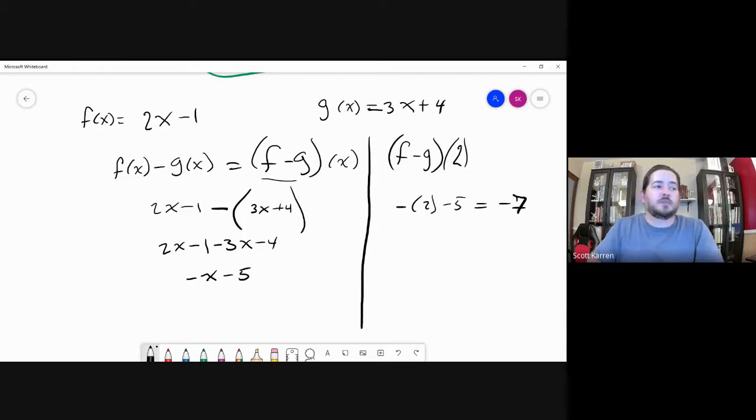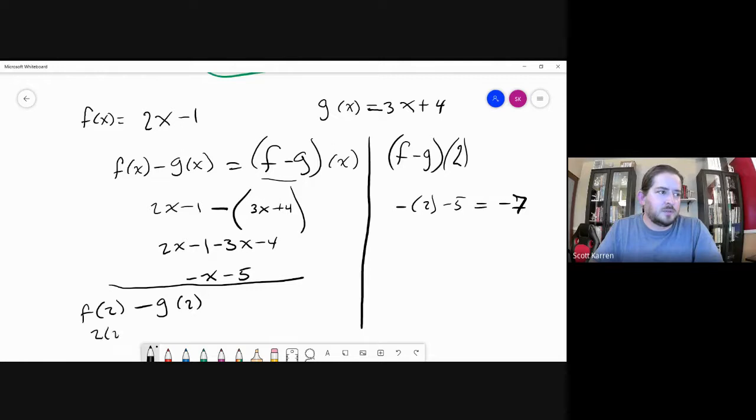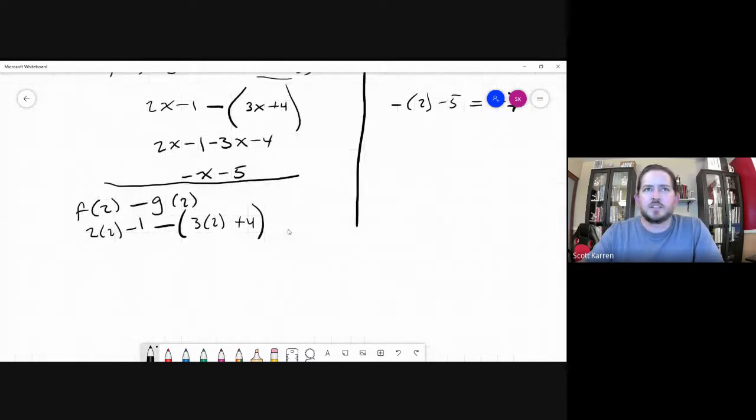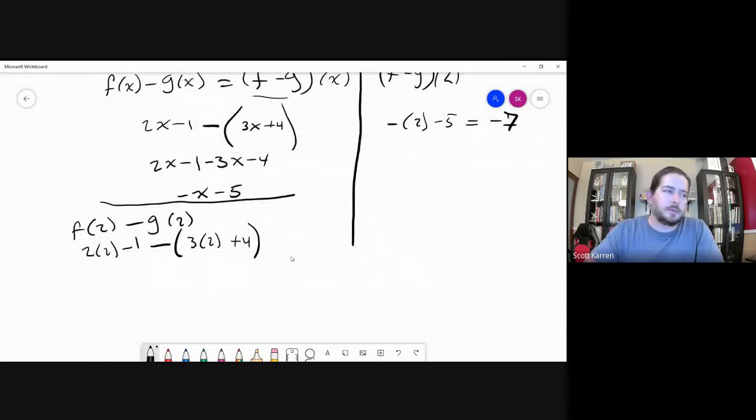But I should get the same result as if I had come over and said, take f of 2 minus g of 2. f of 2 is 2 times 2 minus 1, and I'm going to subtract off g of 2, but g of 2 is 3 times 2 plus 4. I should end up with negative 7, right?